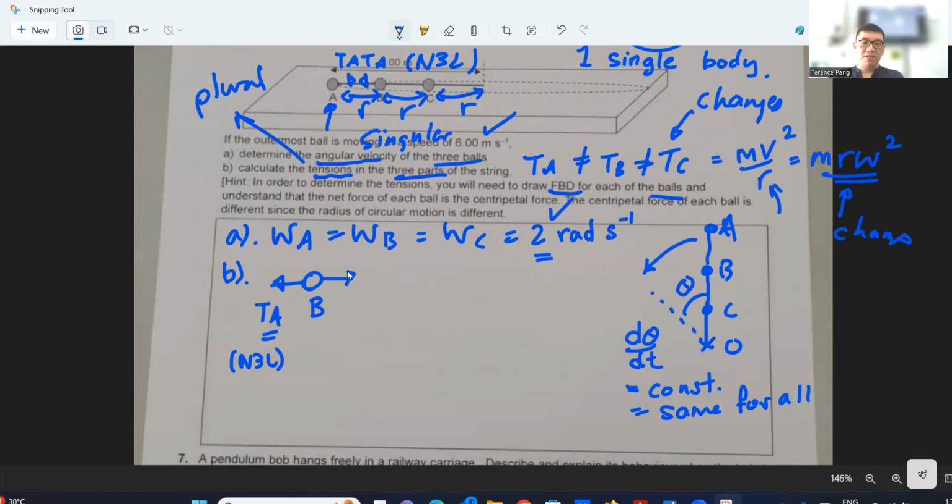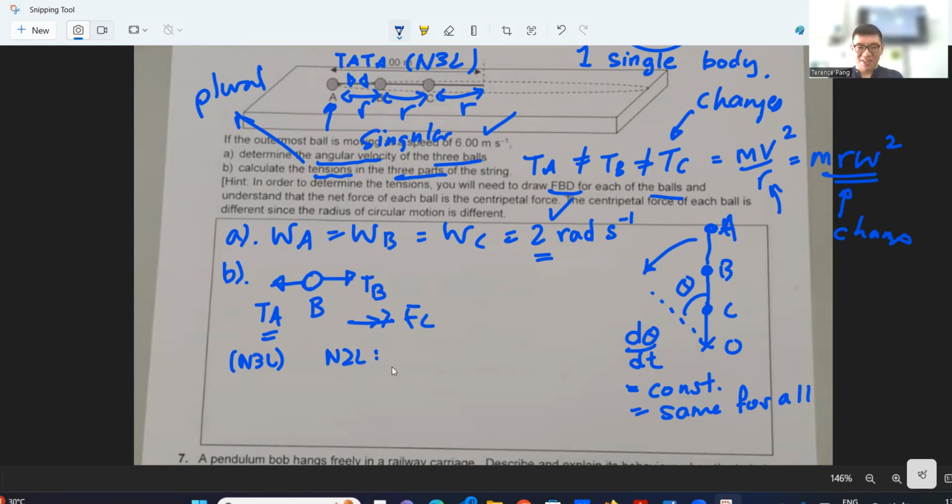So over here, you have your FC. No, this is not your FC. This is your TB. And then the net force would then be your FC. So with that, you can then come out with your Newton's second law equation.